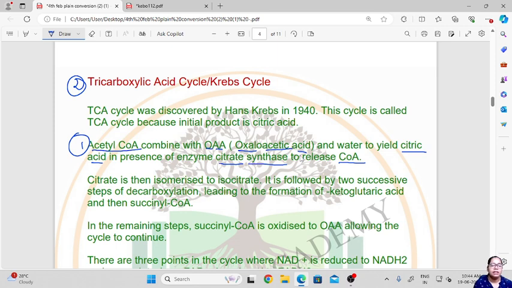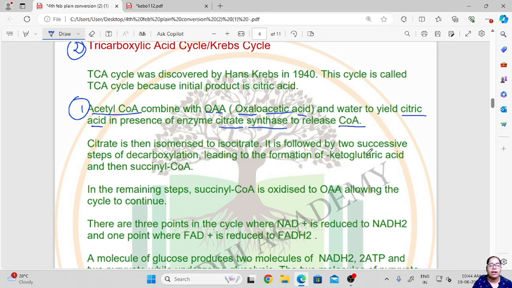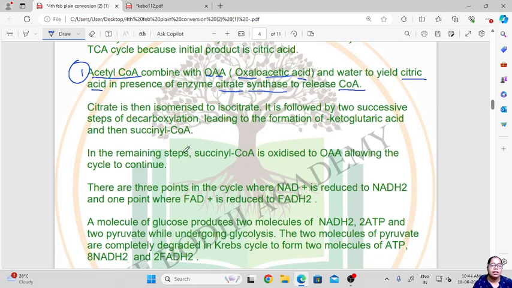Then the citrate is isomerized to isocitrate. This is followed by two successive steps of decarboxylation leading to the formation of ketoglutaric acid and then succinyl-CoA. In the remaining steps, succinyl-CoA is oxidized to OAA.